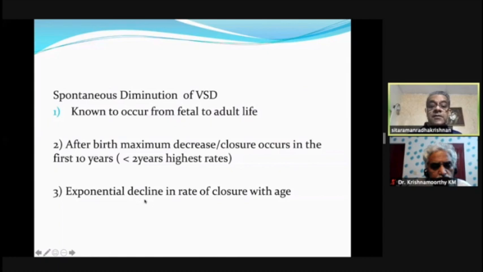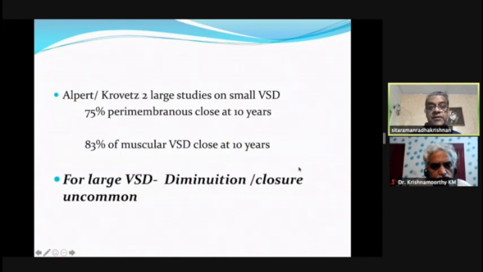After that, it has been noticed that there is an exponential decline in the rate of closure as the age increases. So, this is a very common figure which is quoted: 75% of perimembranous VSDs close at 10 years. Remember that these are small VSDs. 83% of muscular VSDs close at 10 years.